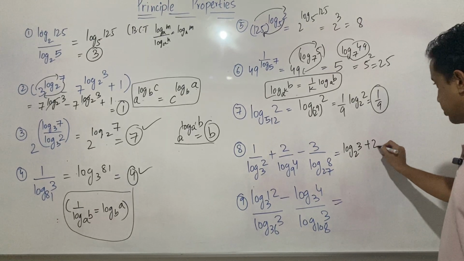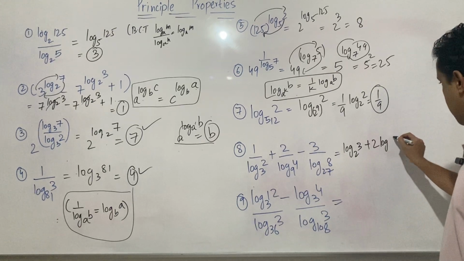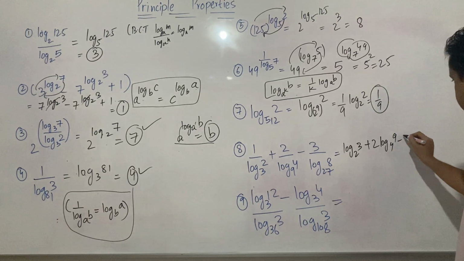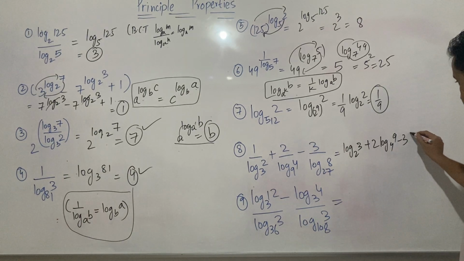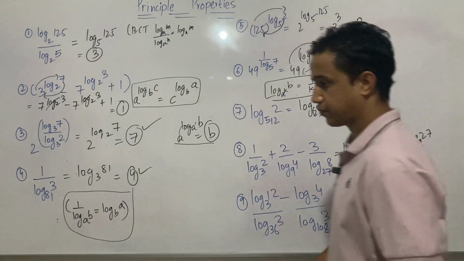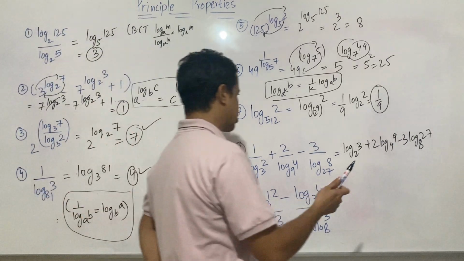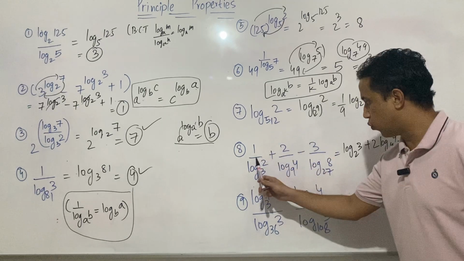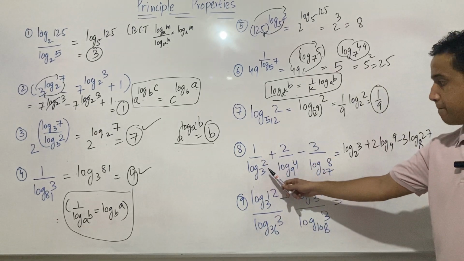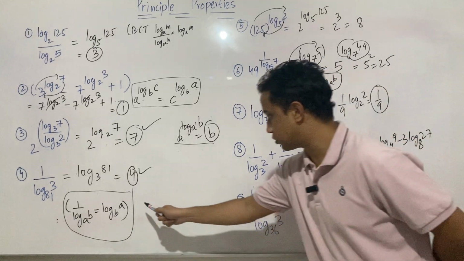Plus 2 times log 9 base 4 minus 3 log 27 base 8. Okay, is it visible? Yeah. What I did here, I just made use of the property 1 over log b base a is log a base b.